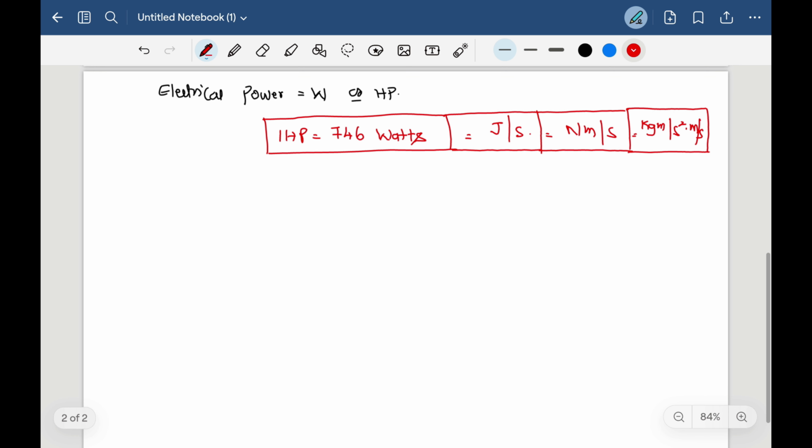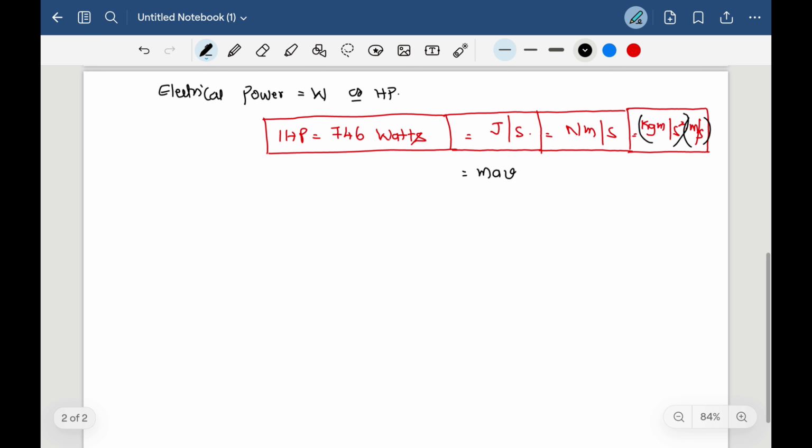You please try to understand these concepts very clearly. What is Newton? Newton is equal to mass into acceleration. Mass into acceleration is kg into meter per second square. Newton meter per second is mass into acceleration into v.